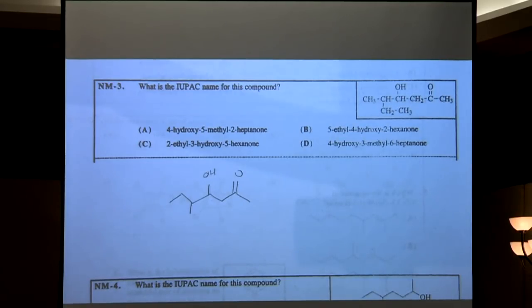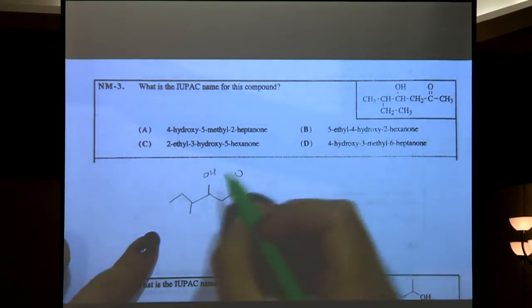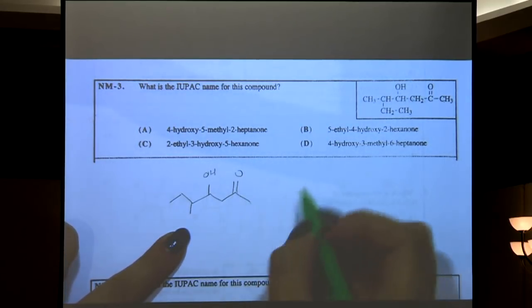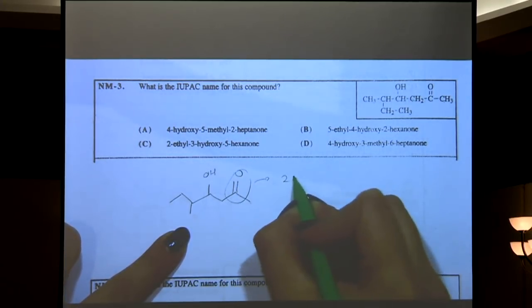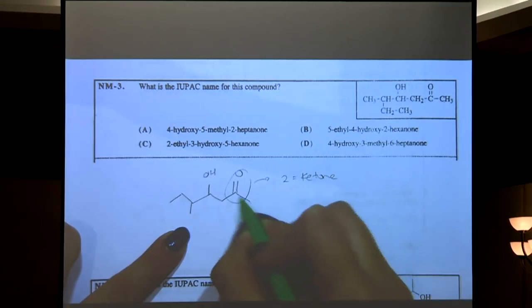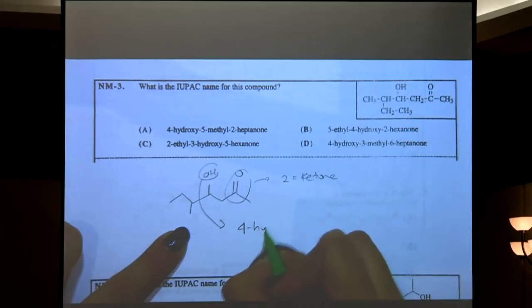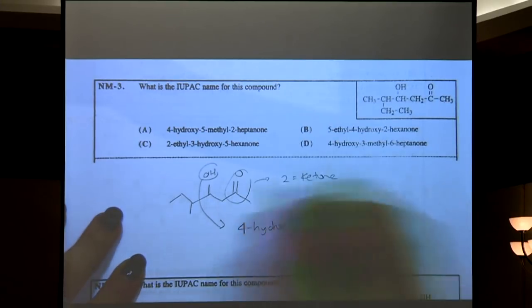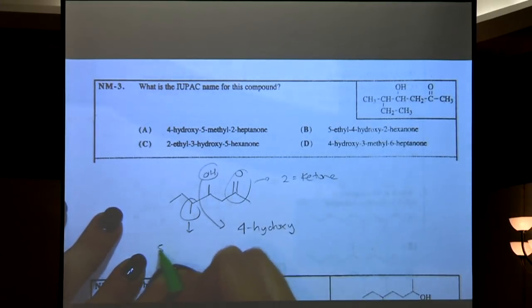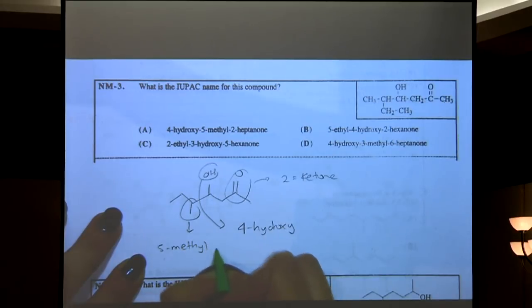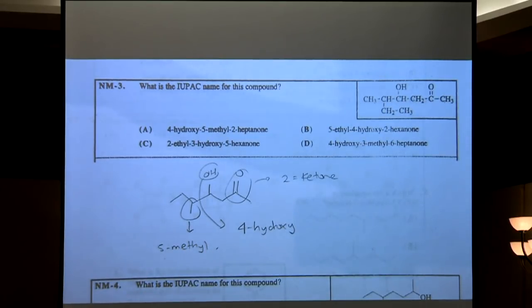It helps a lot. In this case, 1, 2, that's the ketone, so on carbon 2 we have a ketone. Then 4-hydroxy, and on 5 we have a methyl. Based on that, what do you think the answer is? Any questions?